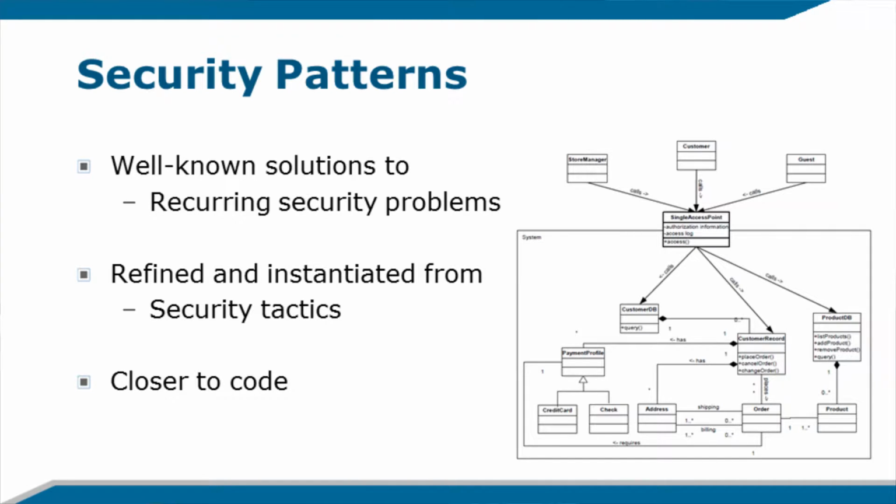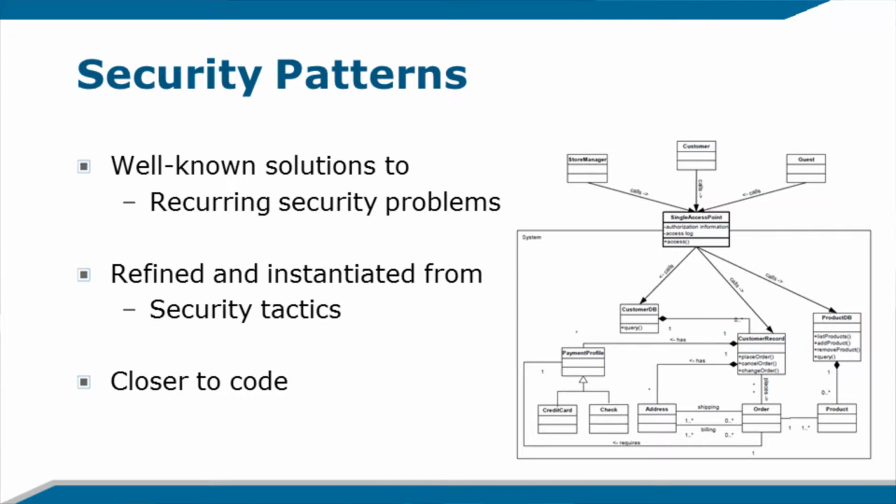And our claim is that security patterns are refinements of and instantiations of security tactics. Security tactics are the primitive design operations that you can use to achieve security. We like to say that tactics are the atoms and patterns are the molecules.